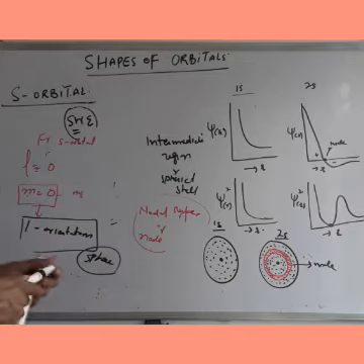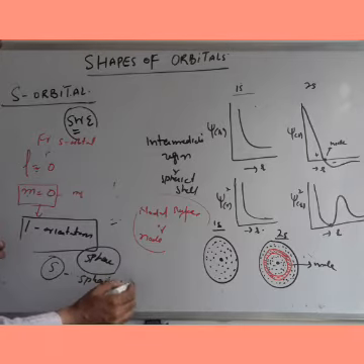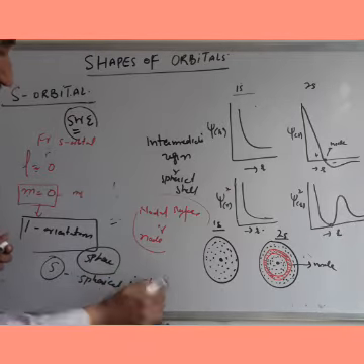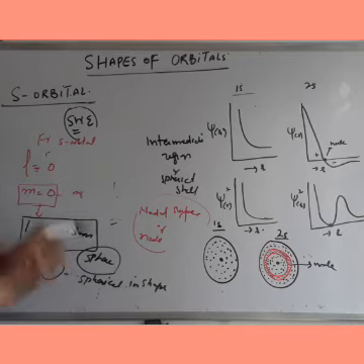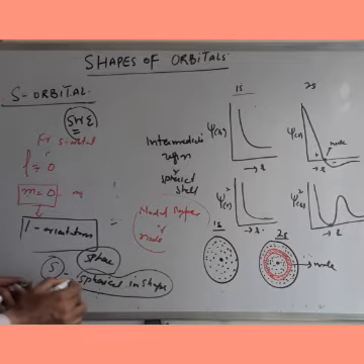So this means the s orbital is spherical in shape, because its l is equal to 0 and m is equal to 0. From these values we can conclude that the s orbital is spherical in shape.